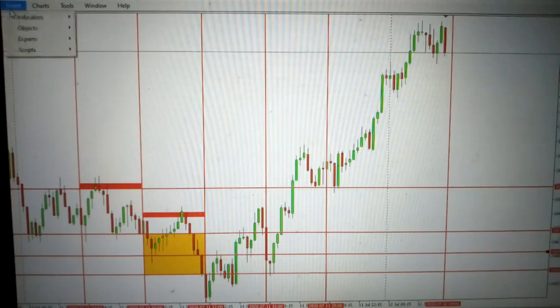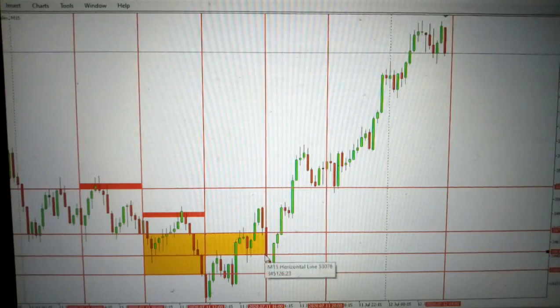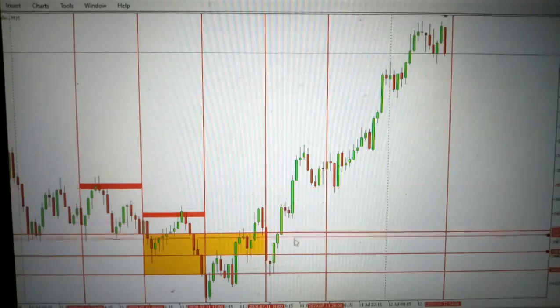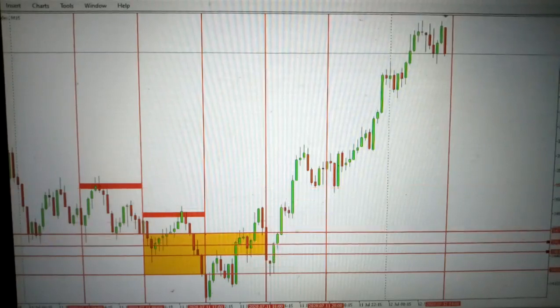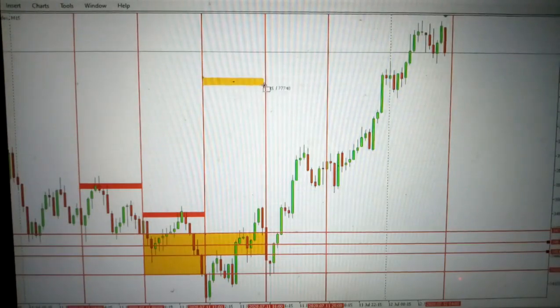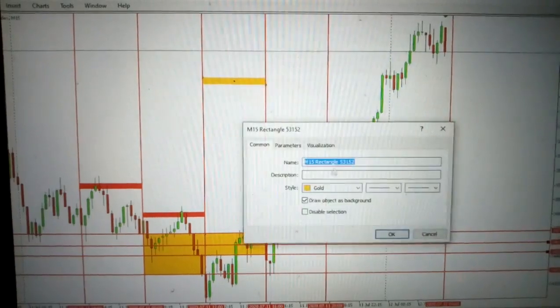So let me color the point where I'll be mapping out my resistance. I'll divide this particular box into two. Let me map out the resistance point. Just get a rectangular shape and change it to another color.